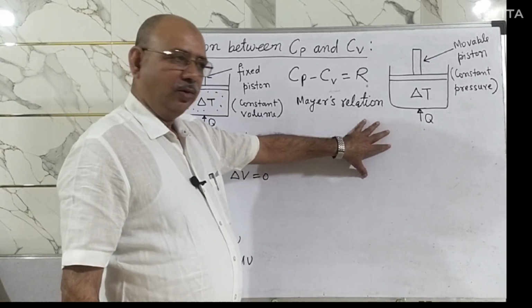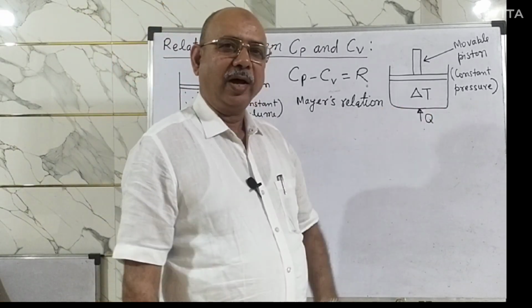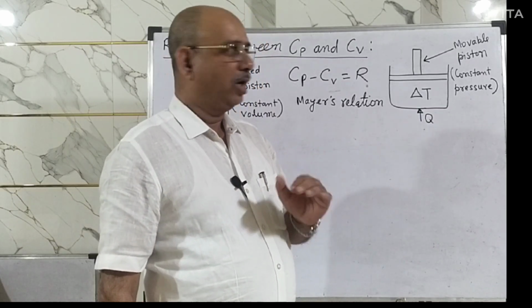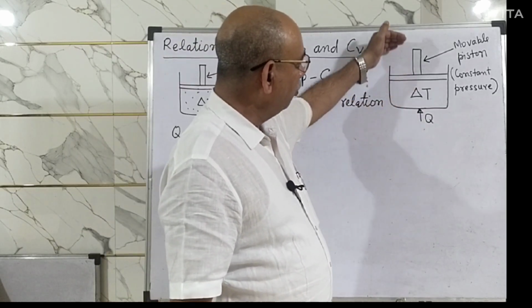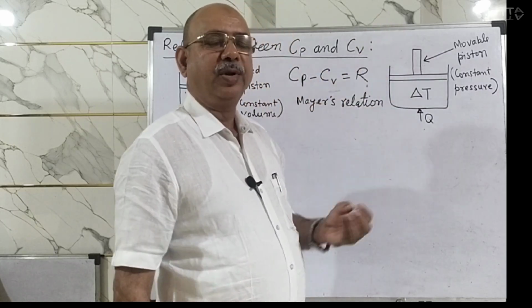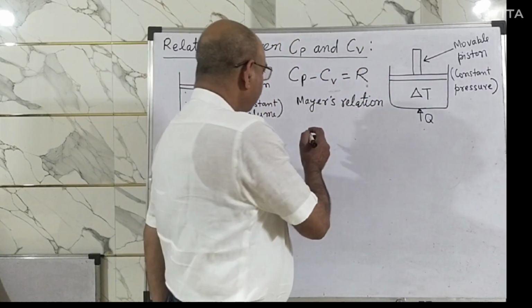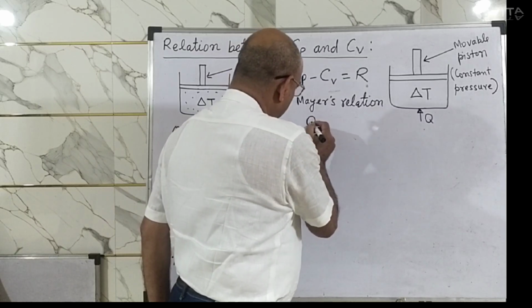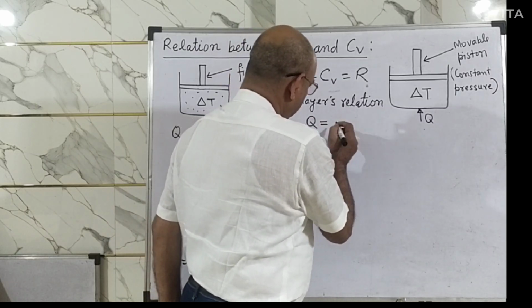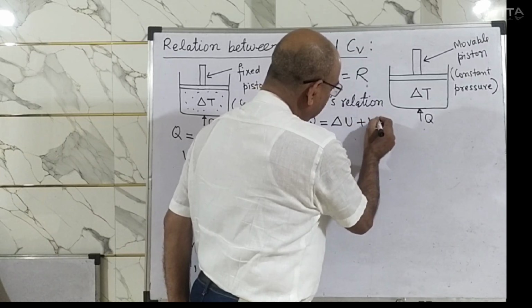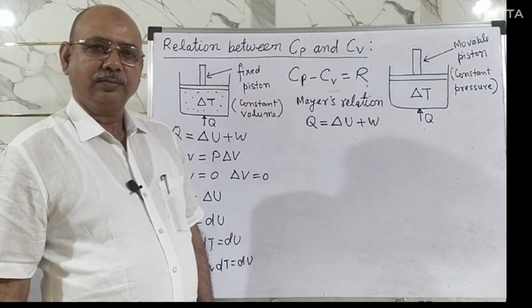Let's consider the second case where heat is supplied at constant pressure. That means this piston will move to keep the pressure constant. So from the first law, heat supplied Q is equal to change in internal energy plus work done.